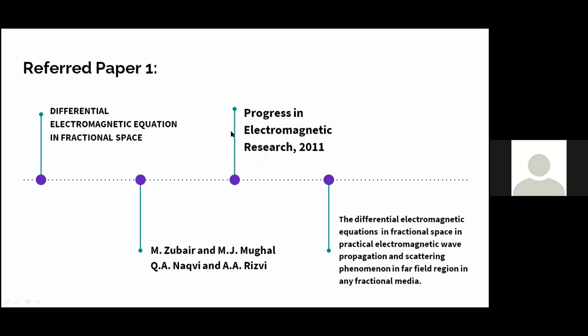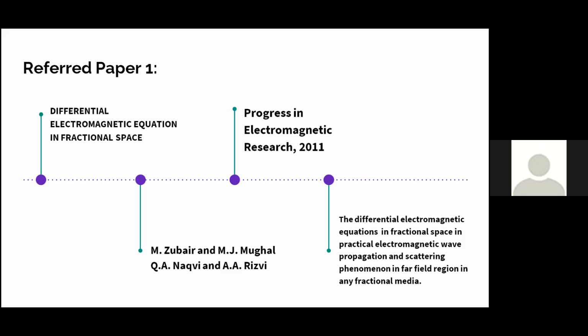Now, to study our topic, we decided to refer to three different papers. This is the literature review we did to make our study clearer. The topic of the first paper we referred to is Differential Electromagnetic Equation in Fractional Space by M. Zubair and M. G. Mughal. In this paper, we studied that the study deals with the approach of fractional space generalization of differential electromagnetic equations.